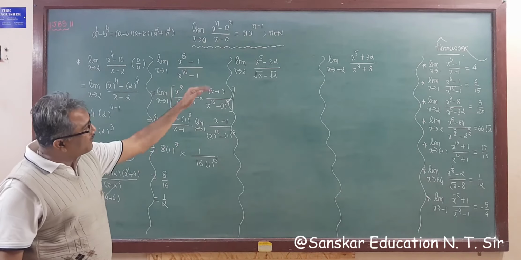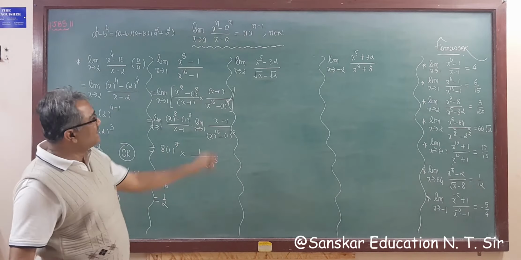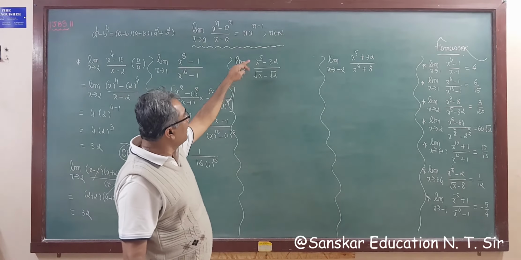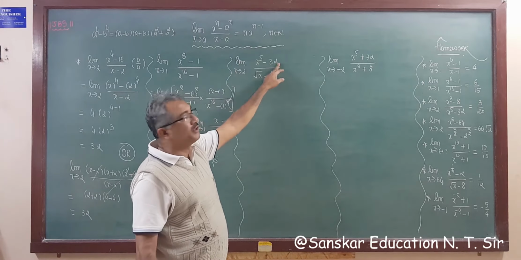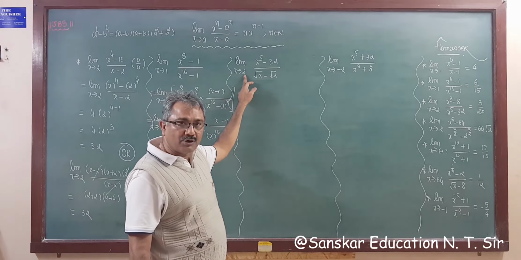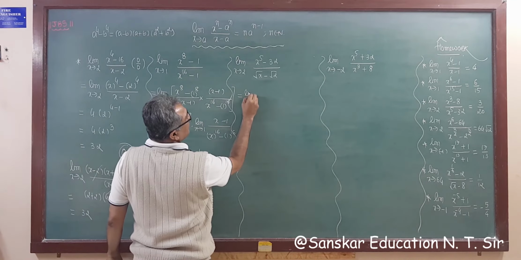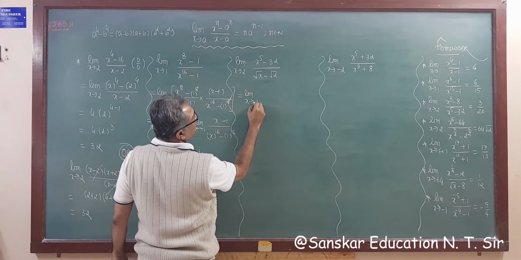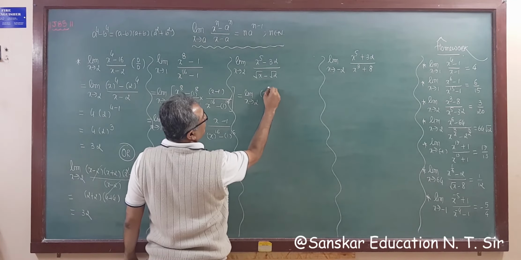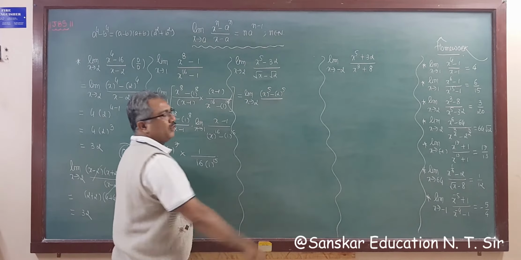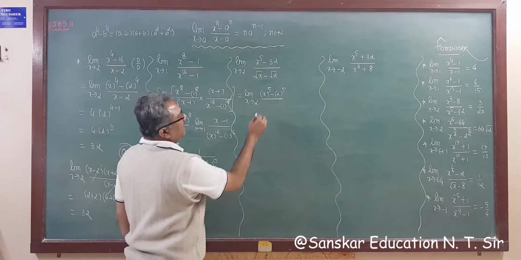Now a similar kind of question is there. This is x tends to 2, x raised to 5, so 32 is 2 raised to 5, yes? So I am writing here, limit x tends to 2, x raised to 5 minus 2 raised to 5. In the denominator, what do we want? x minus 2.